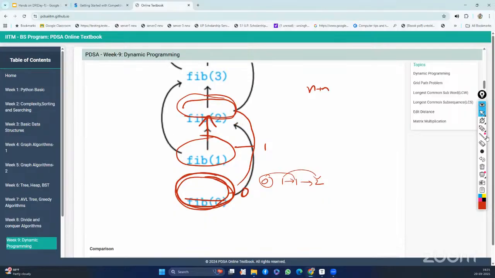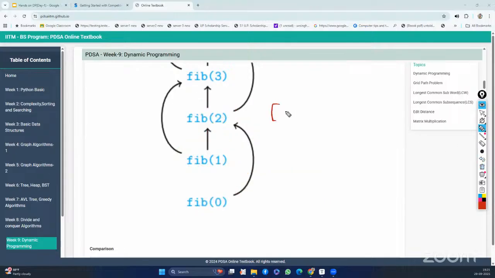Suppose you have a set of coins with values 1, 2, 5, 8, 10, and you have an infinite number of coins of each value. Now some amount is given, like 30, and we ask what is the minimum number of coins required to achieve this amount.